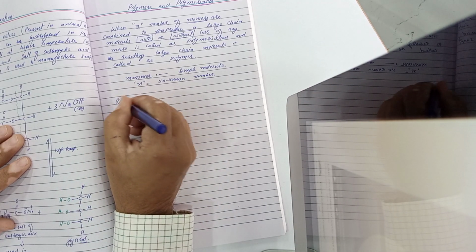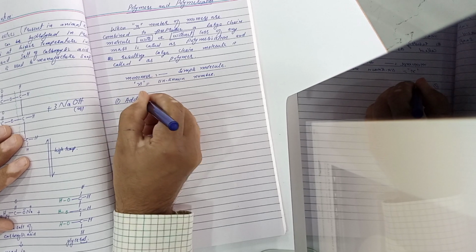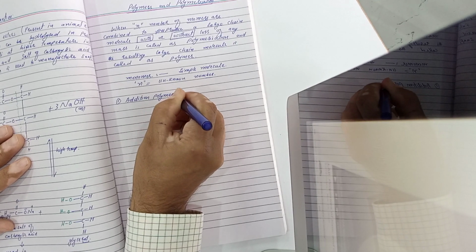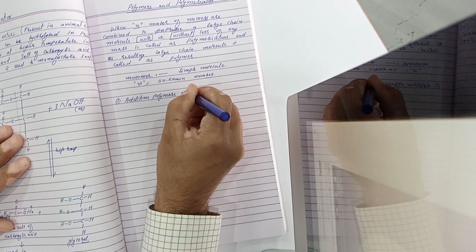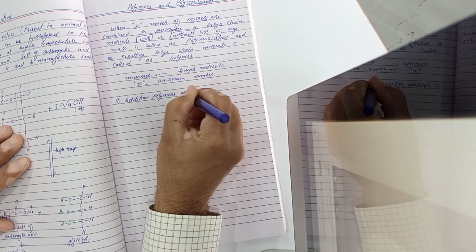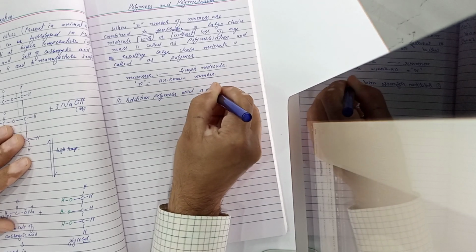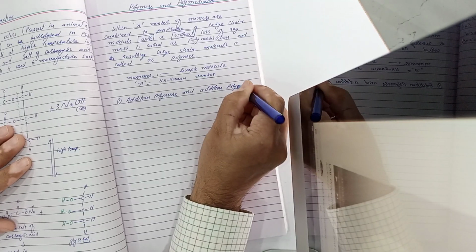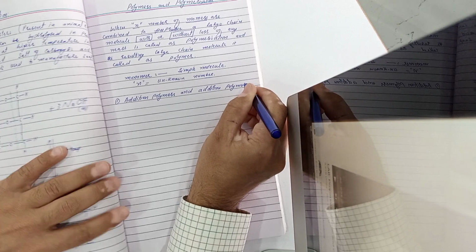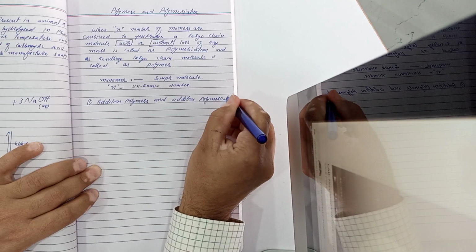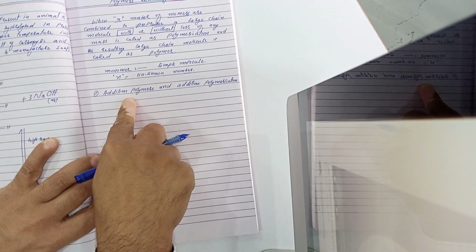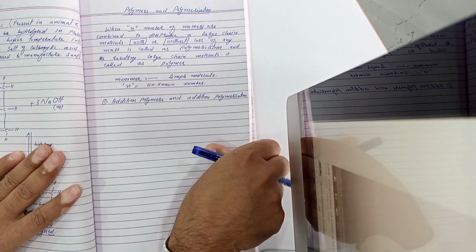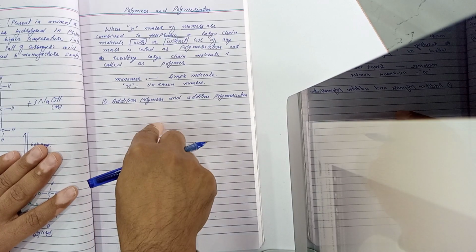One is called addition polymers, and the process is addition polymerization, through which the addition polymers are formed.